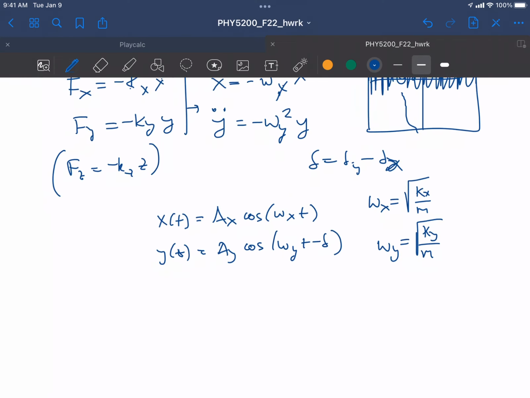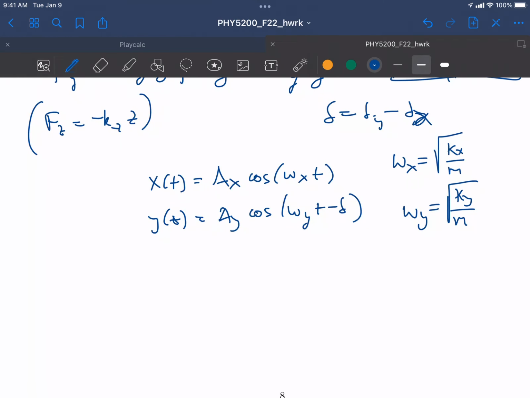In this situation, obviously, there's a much richer set of solutions, and I want to pick this up when we get back into class so we can draw pictures together.